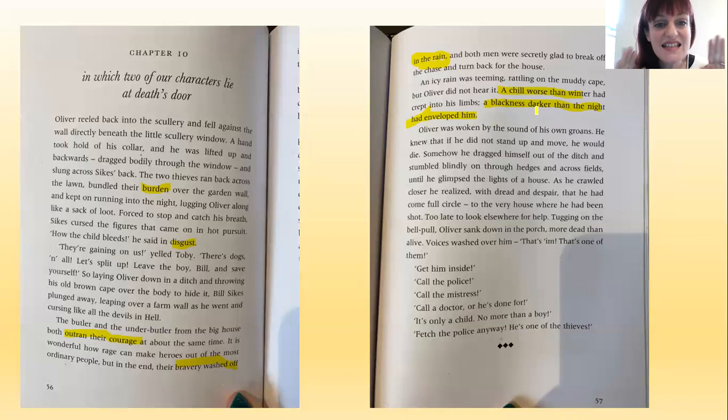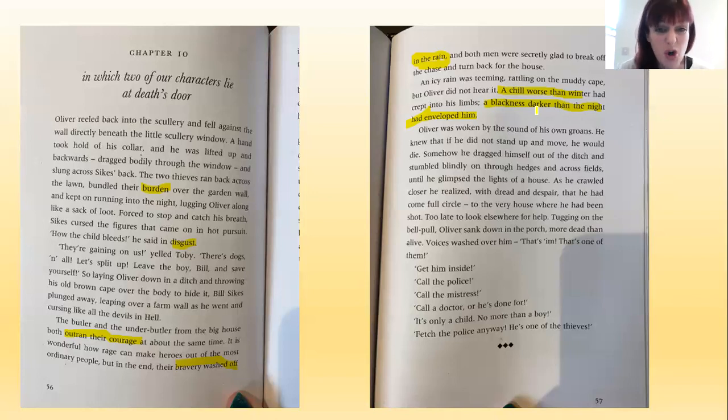Yep, he's dying. It's bad, okay? He's very cold. It's very dark. It's not literally dark, but he feels like this darkness is enveloping. It's the idea of where you're going to pass out, you're going to become unconscious because of the pain.